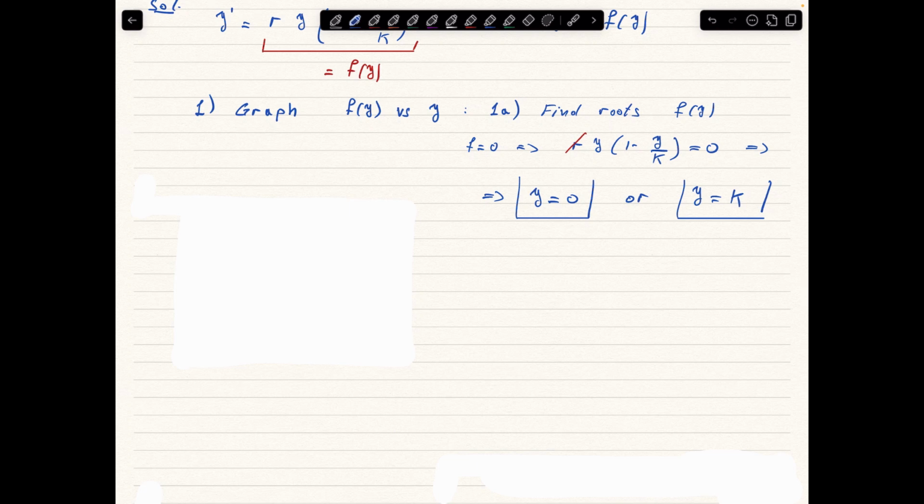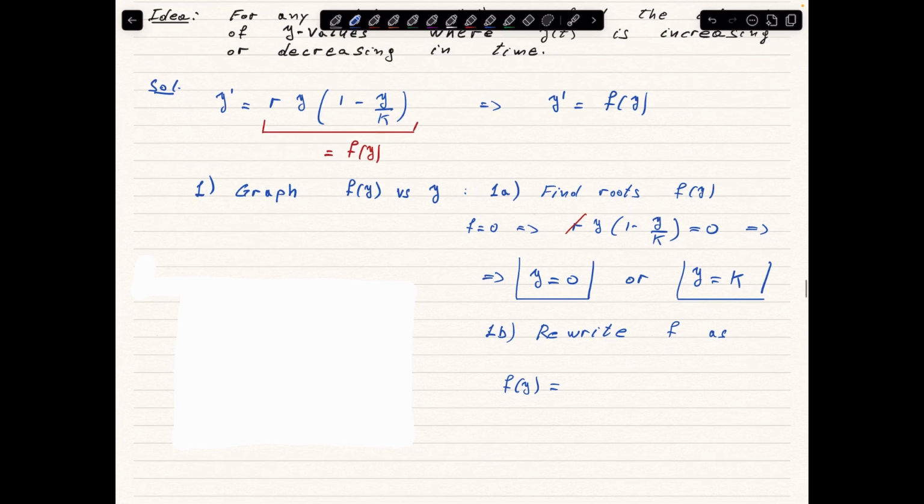Now what we're going to do, 1b, is rewrite f as follows. f of y, I'm going to multiply here and multiply there, so I'm going to rewrite it as r y minus r over k y squared.